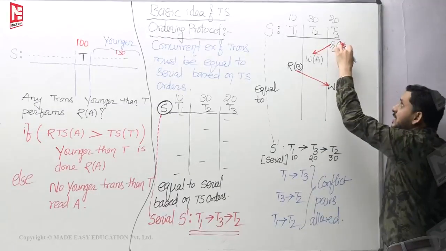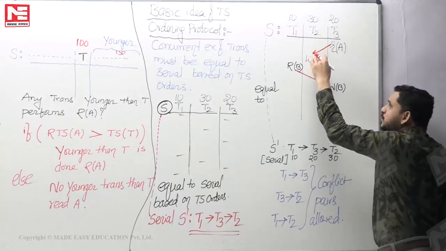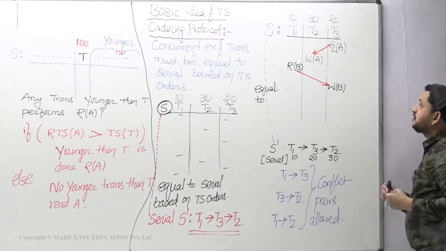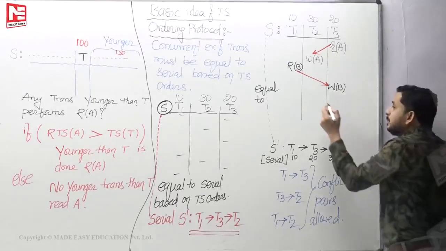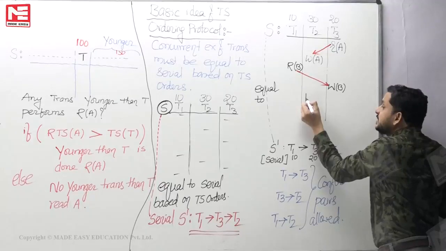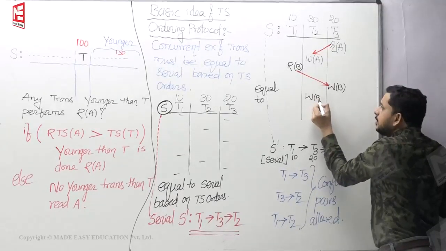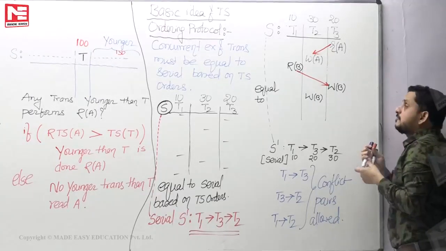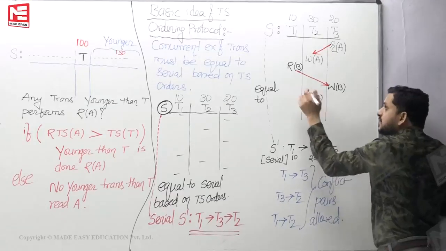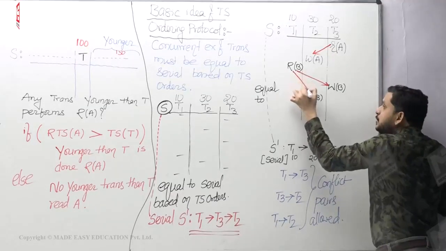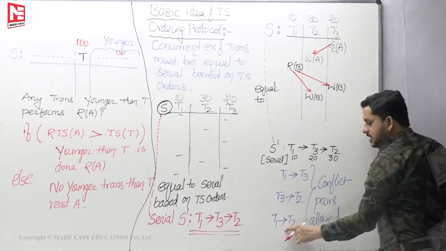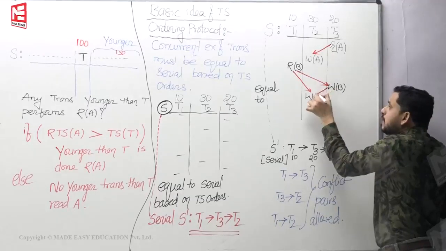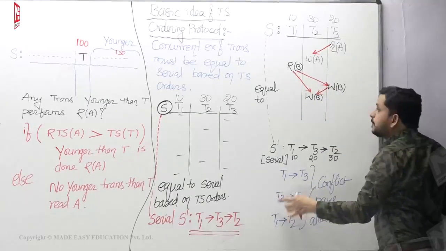See, interleaving occurs. In between, T3, T2 is executed or T1 is executed, like this. Interleaving can be executed. Assume after this write B, let's say T2 requests a write of B. Now, if you allow this write operation, the conflict pair T1 precedes T2 is also allowed, and the conflict pair T3 precedes T2 is also allowed.